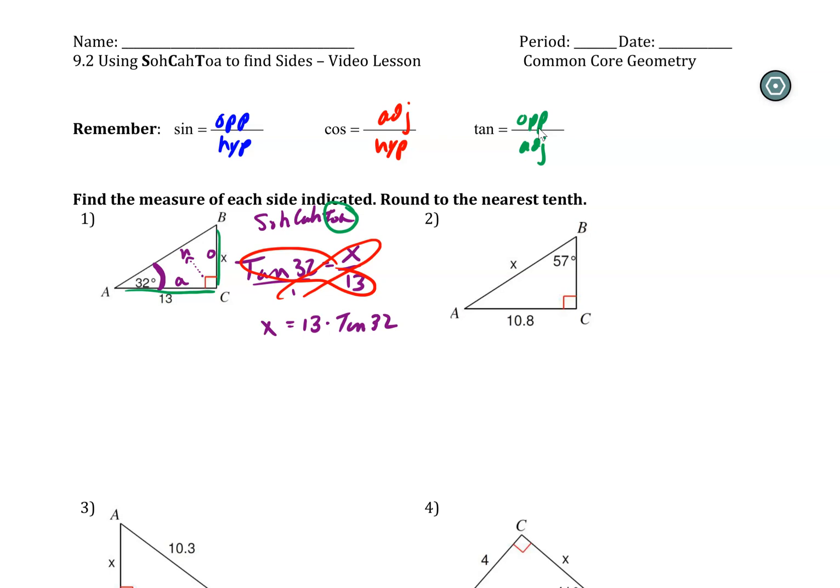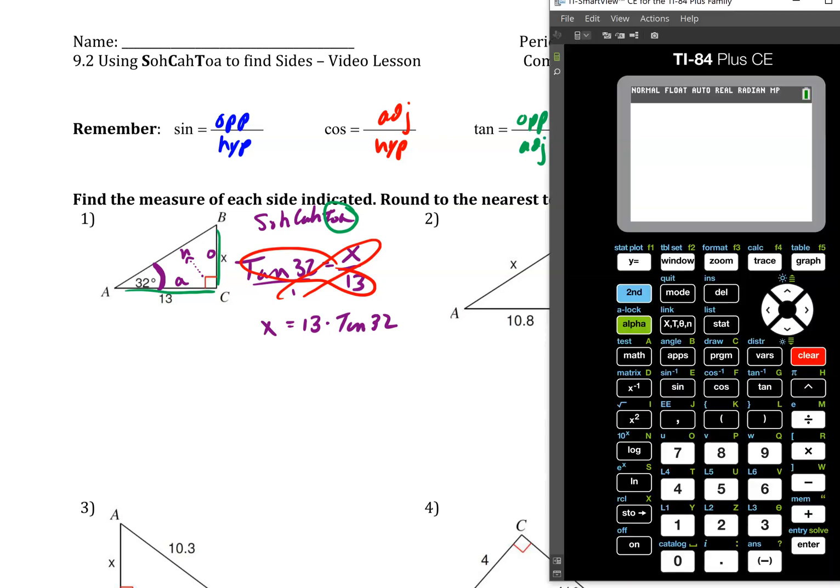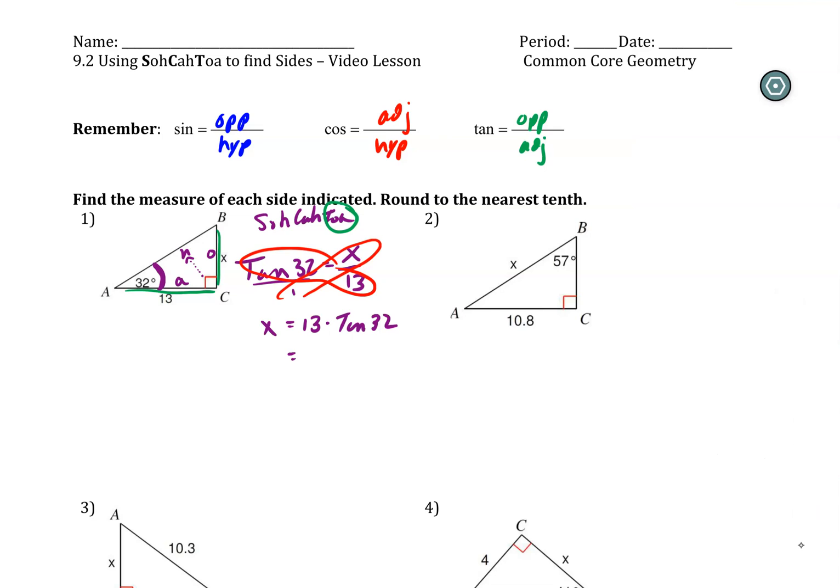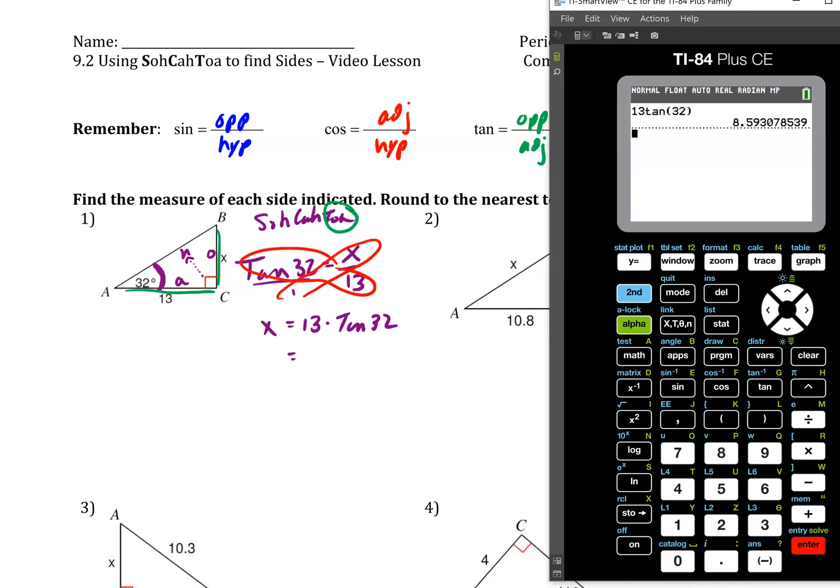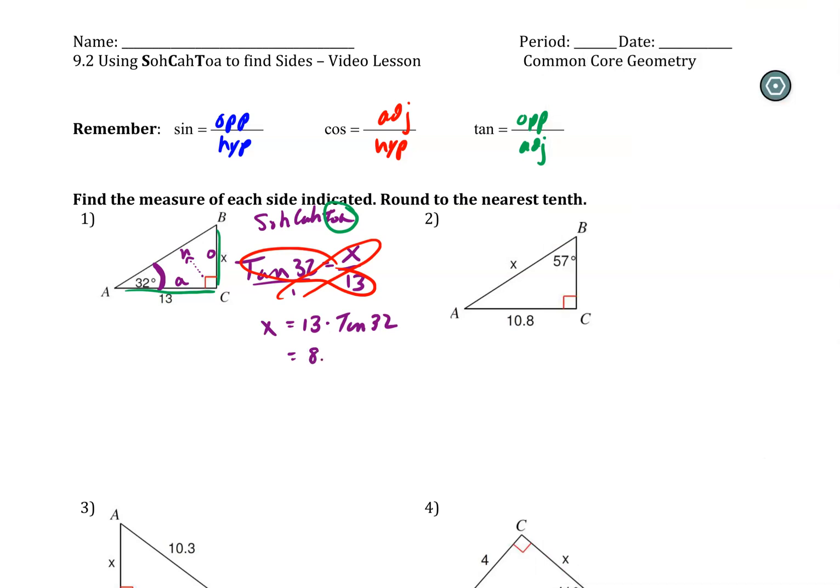So now I can go into the calculator. I type in 13 tangent of 32, and close the parentheses. Oops, I hit it twice, we only need one set of parentheses there. That equals 8.593 and so on.